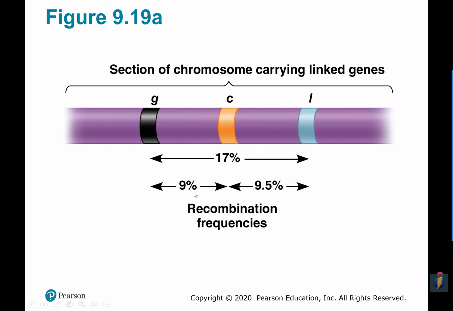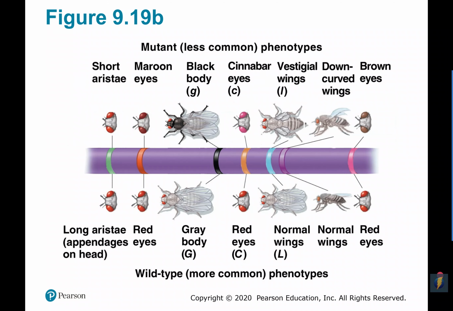But by determining the recombination frequencies, it helps us locate the genes and where they are located on a particular chromosome. And so you can see that's what they've done here.